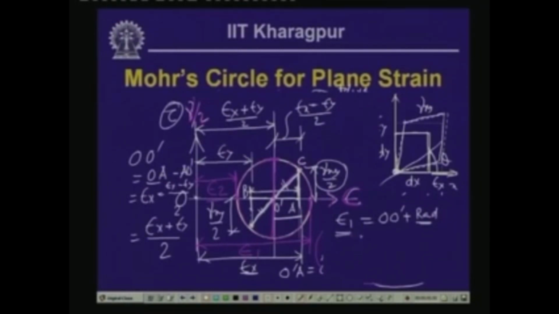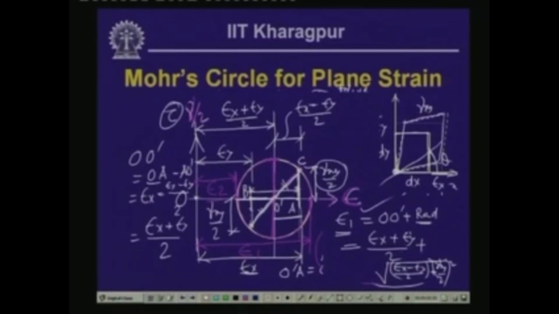So, the value of epsilon 1 is equal to O dash, which is epsilon x plus epsilon y by 2, plus root of epsilon x minus epsilon y by 2 square plus gamma xy by 2 square. This gives us the value of epsilon 1, which we have seen already through the transformation equation, and epsilon 2 will be O dash minus the value of the radius.